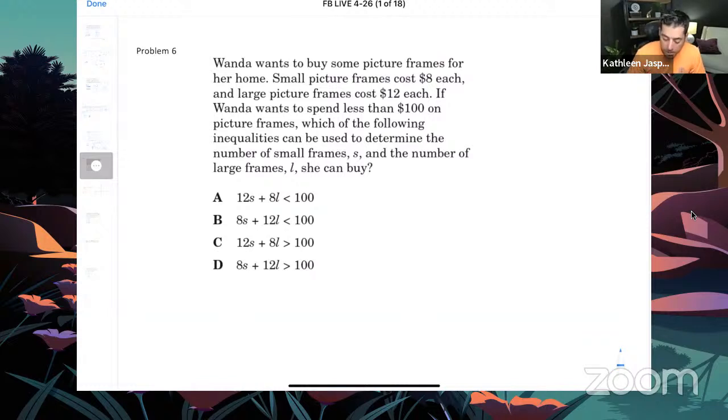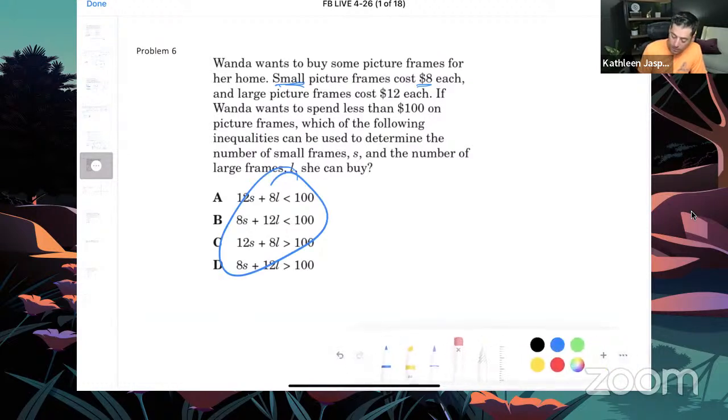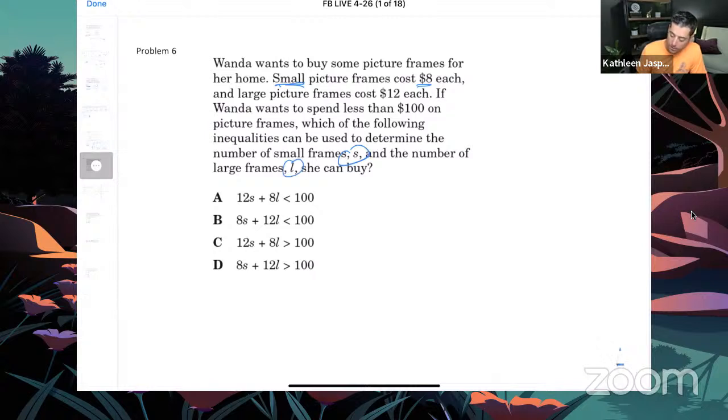So just pick this apart. If you get totally confused on these, just start picking them apart. I know that small pictures cost $8 each. Well, as I look at my answer choices here, because remember, you all get answer choices, S for small, L for large. Makes sense, right? Because they even tell you S here for small, L here for large.